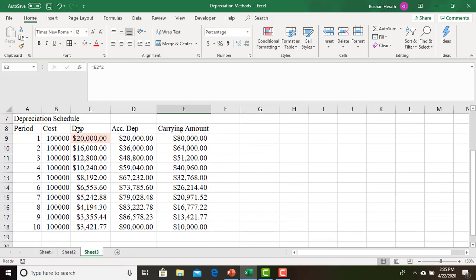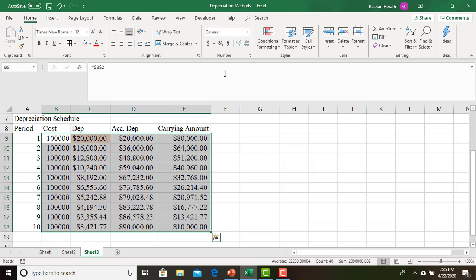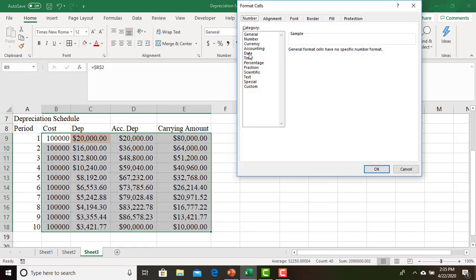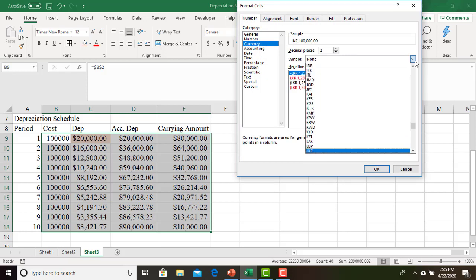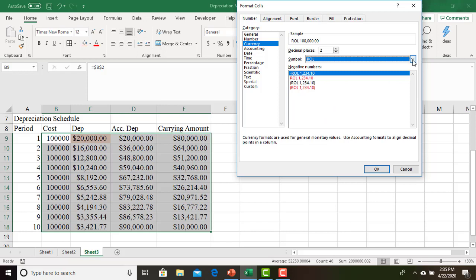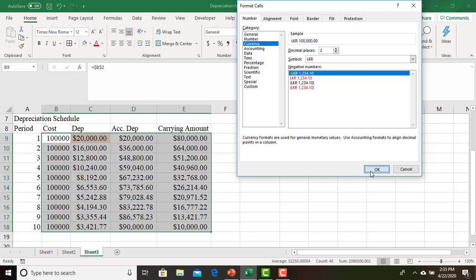So as usual, we are going to draw the chart. You may select the area. Before that, we may format the area to local currency, this currency LKR. With LKR, yes.